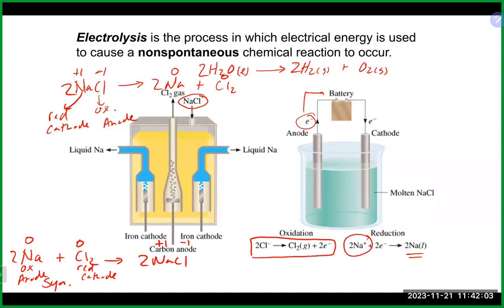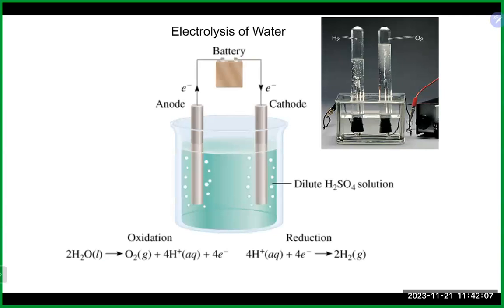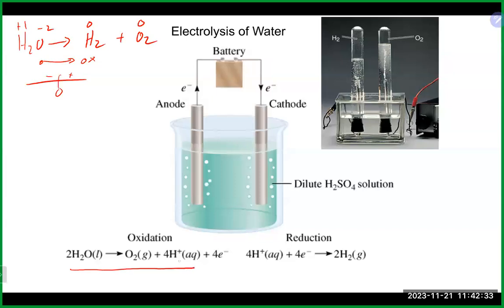And again, sometimes people think of it in the wrong way. Any questions on that? That's also why when we look at something like water, when we do the electrolysis of water, if we look at the oxidation states, it's +1 to 0 and -2 to 0. It is the oxygen going from -2 to 0 that is being oxidized and would be our anode, which is what we see happening here.